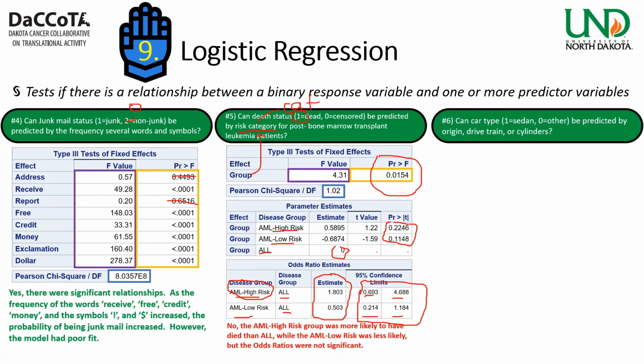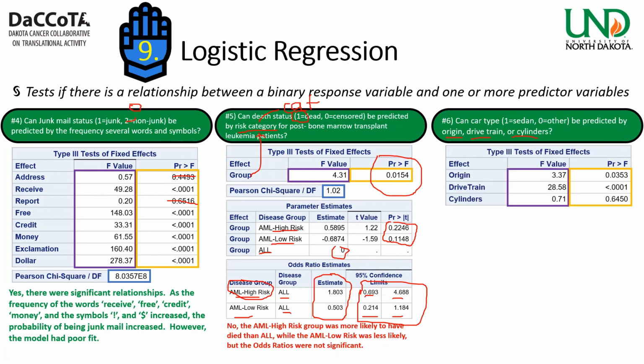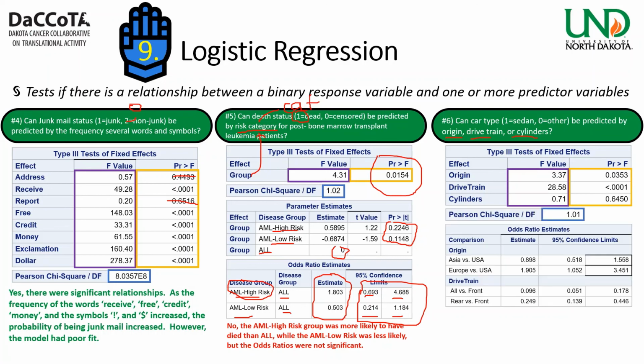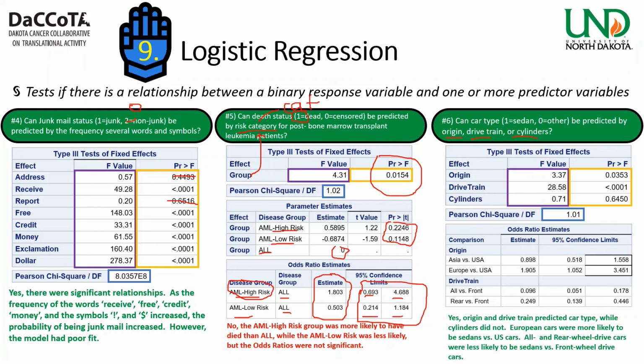Now let's look at car type, sedan or otherwise, predicted by these different categories. Yeah, we can use more than one category for logistic regression. No sweat. What we find here is that origin and drivetrain were significant. The interpretation of this is, now this was not significant because these overlapped 1, but these were all significant.